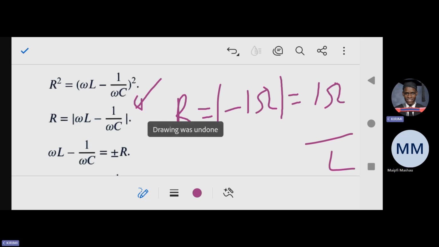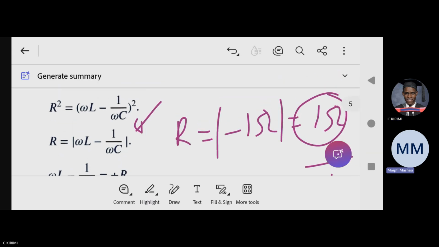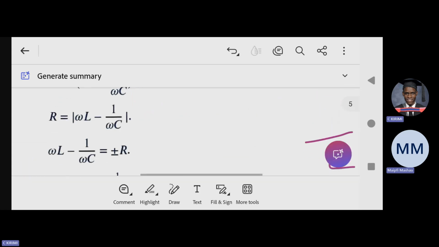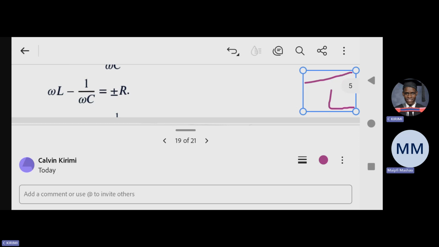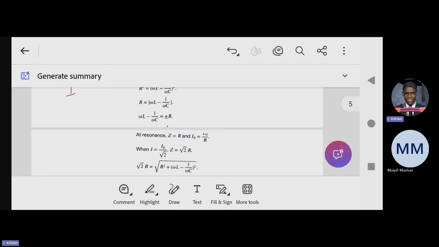So this protects you: even if you get a negative or a positive, the final answer we take is only the positive value. I would be very shocked if I found a negative. I would change everything, because from high school to college, with resistance you can never get a negative number.